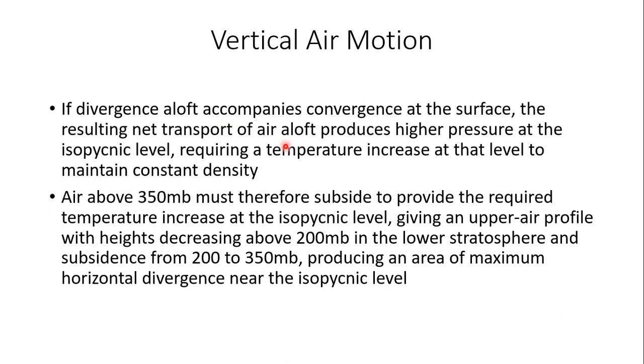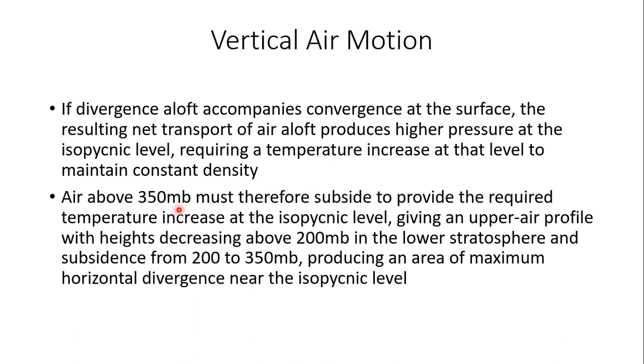If you have divergence aloft over an area of surface low-level convergence, the resulting net transport of air aloft produces higher pressure at that isopycnic level. And again, higher pressure is going to require a warmer temperature at that level to maintain that isopycnic level or constant density level.